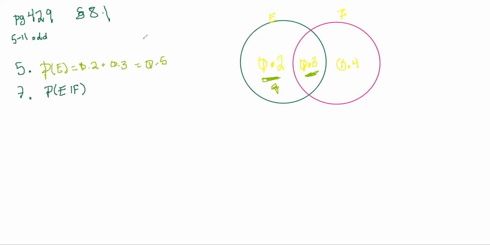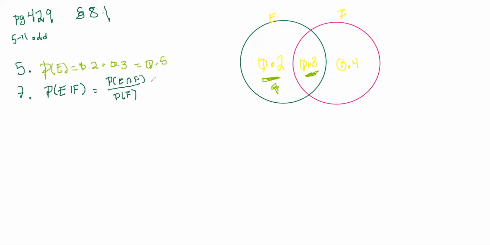Well, we need to find the probability of E intersecting with F, and we need to find the probability of F if we're going to use the equation that we just generated, or got from the book, excuse me. So we have E intersecting with F and the probability of F.